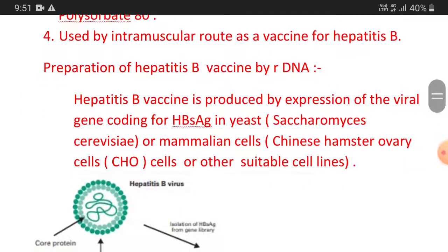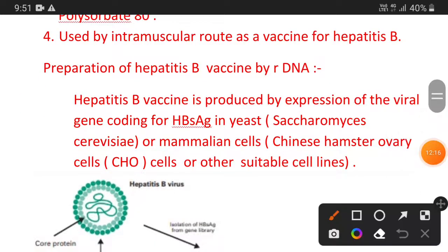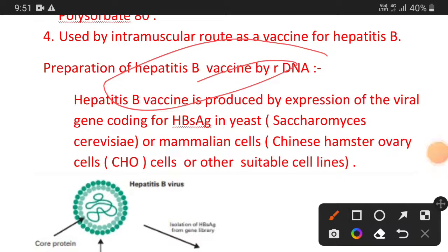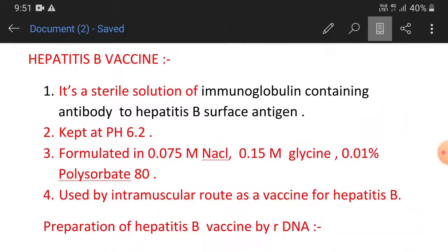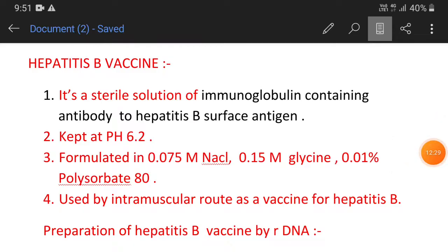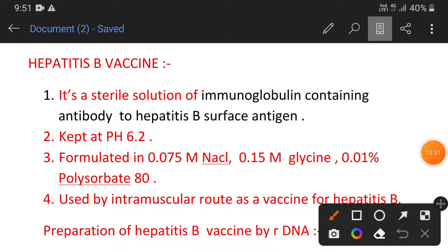Now we have discussed the preparation. You can use yeast, or you can use another mammalian cell line, for example Chinese hamster ovary cells and other suitable cell lines. We will construct a sterile solution that may contain only the antigen, or that may also contain the immunoglobulin containing antibody against hepatitis B surface antigen, and the pH will be 6.2.